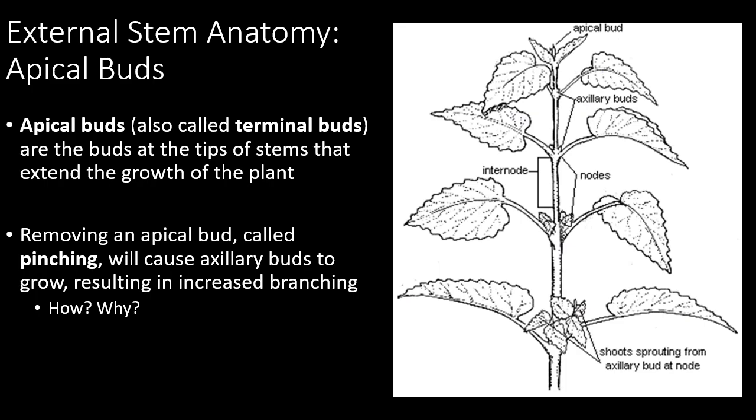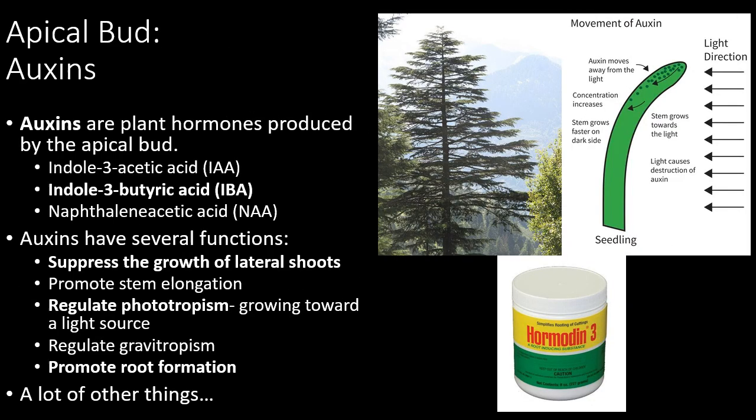Why? This is a really important question in horticulture because pinching is something that occurs all the time in greenhouse production and nursery crop production. I think it's important to understand the hormonal physiology of the pinching and branching process. And to understand, we've got to understand auxins.